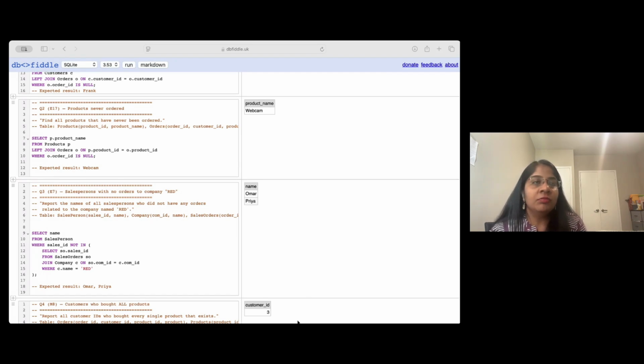Knowing which format to use is what separates learning a pattern from memorizing an answer, and shows real understanding. The query we wrote is: select name from salesperson where sales ID not in, and within the subquery, select sales ID from sales order, join the company on the company ID, where the company name is Red.